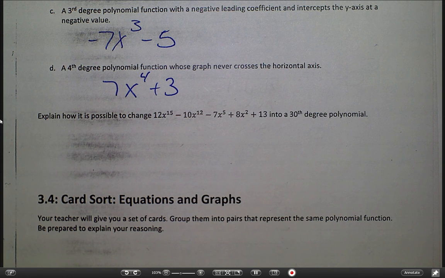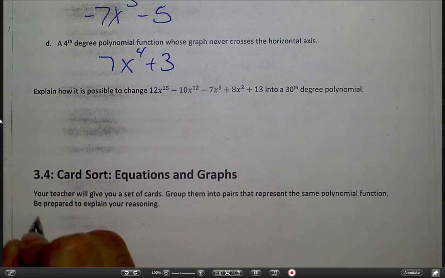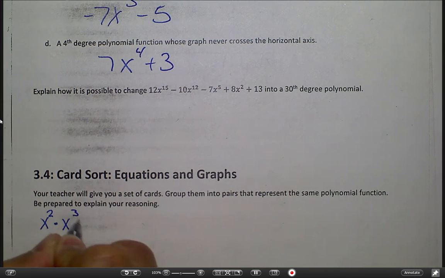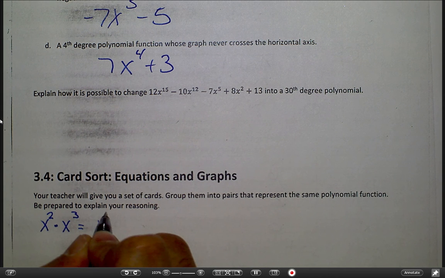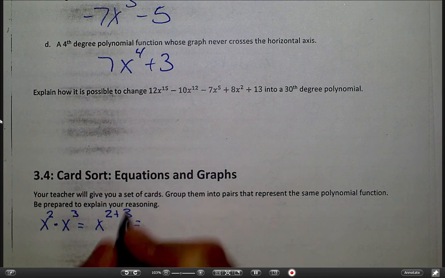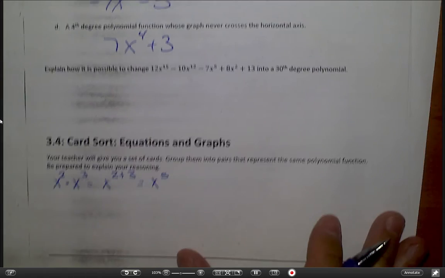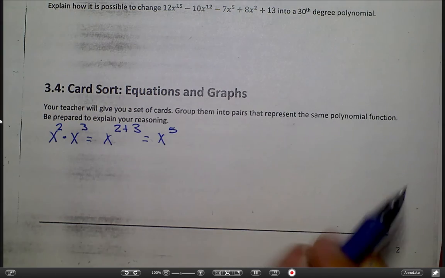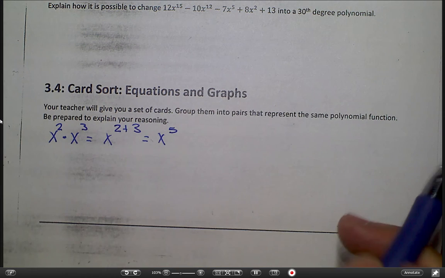So I'm going to show you guys something here. If we have x squared times x cubed, that is going to be x to the 2 plus 3, which is x to the 5th. So if I'm multiplying, I add exponents.